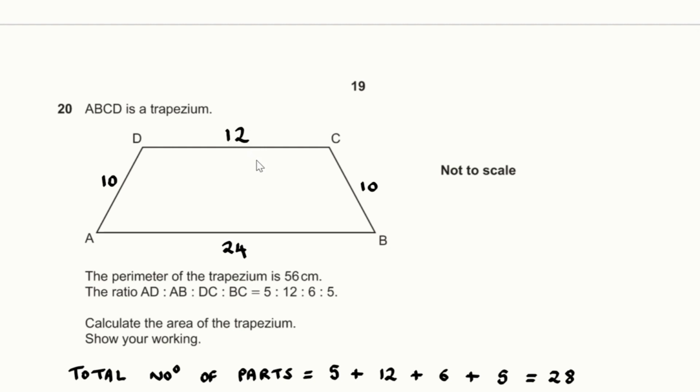We now need to calculate the area. What we can see here is the trapezium, because these two sides are equal and the 12 is half of the 24, through symmetry, the line of symmetry will be over here. So let's just draw that again. The line of symmetry is over here.